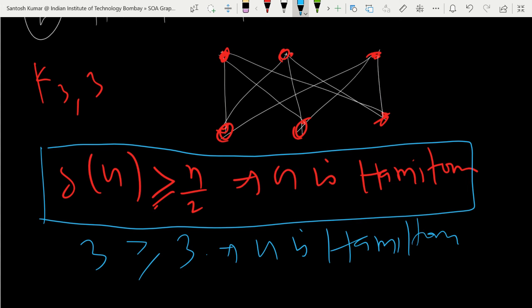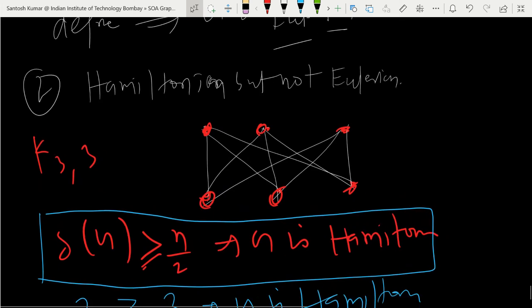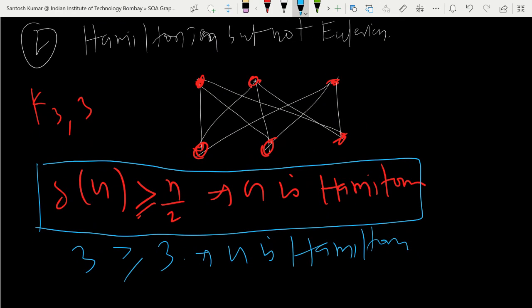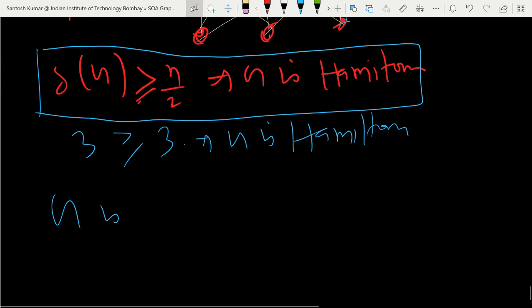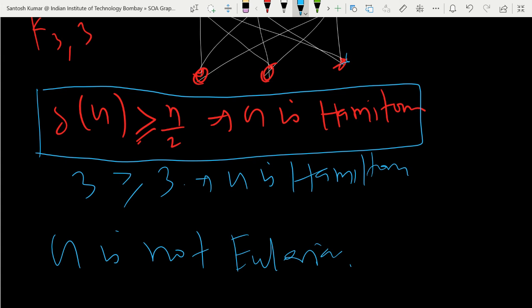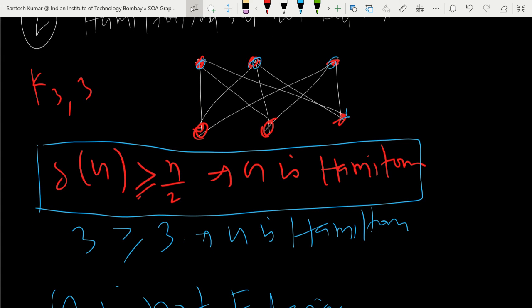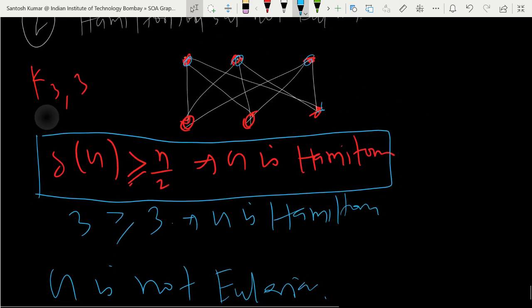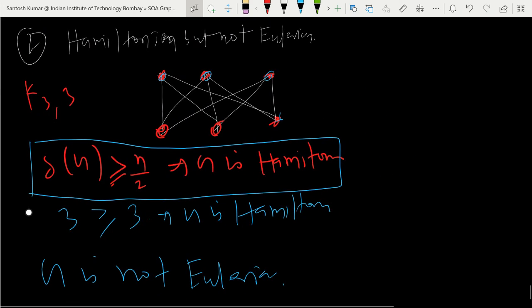So tell me, is it Eulerian or not? Not Eulerian. Okay. Got it. So this is not Eulerian. So how will you prove this is not Eulerian? What is the odd degree, sir?